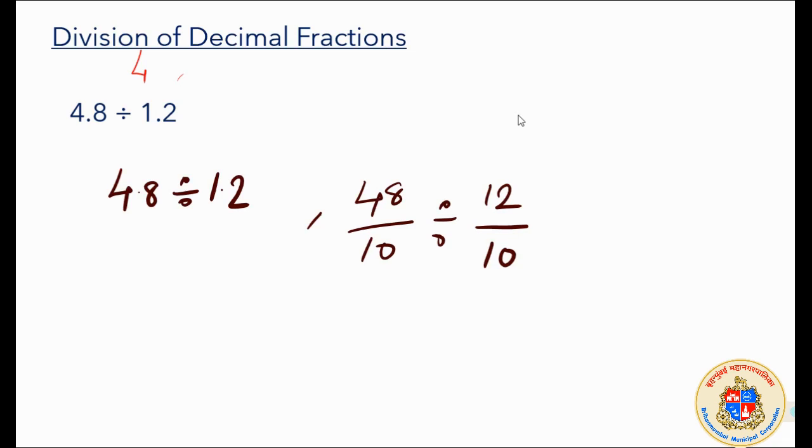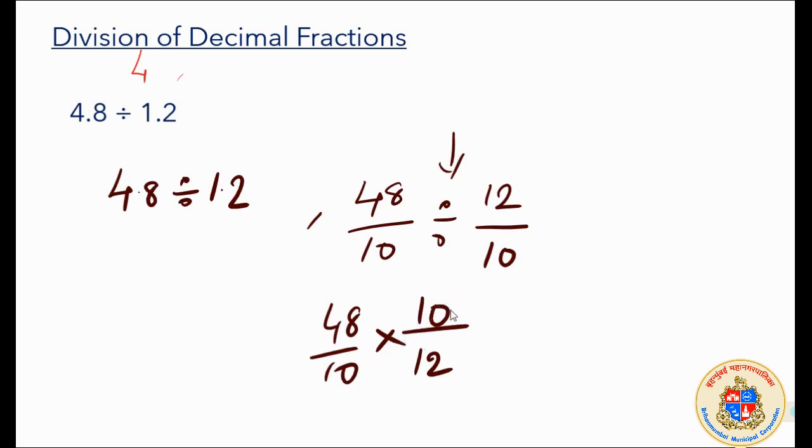Once we have converted decimal fraction into common fraction, this division means you can multiply with the multiplicative inverse. ये आपने पढ़ा है. So the first fraction will remain like this. Division will become multiplication. The multiplicative inverse of 12 upon 10 is 10 upon 12. Understood?